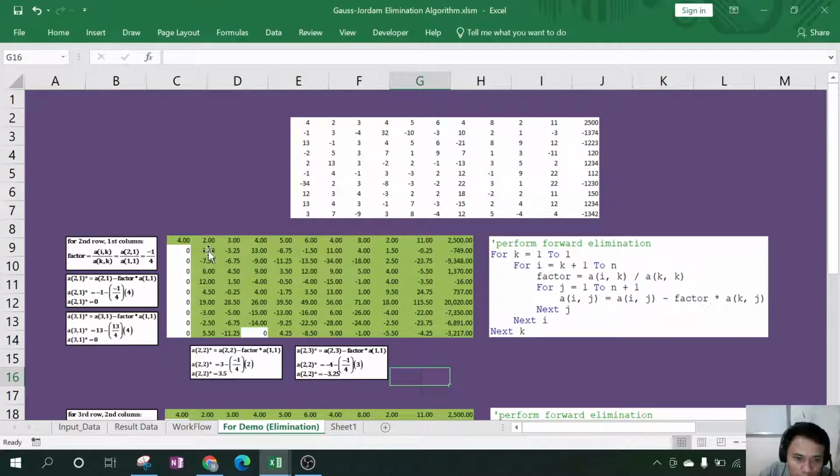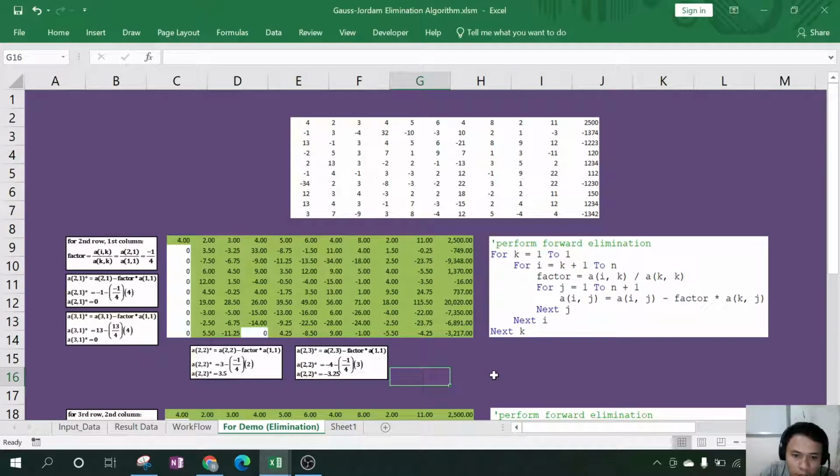To get this 3.5, the new value, which is equal to 3.5, is equal to the old one, which is 3, minus the factor for the second row, which is negative 1/4, times the first row second column, which is 2. So the value there is 3.5.